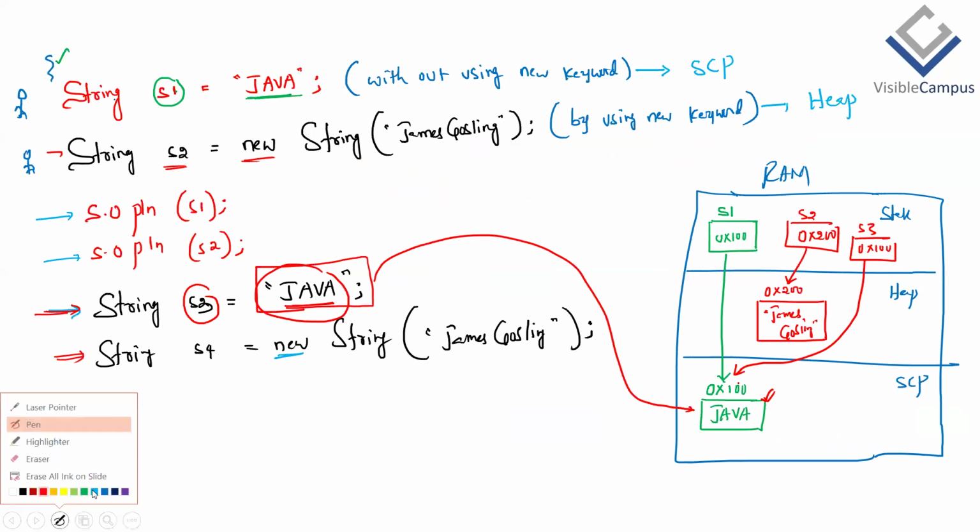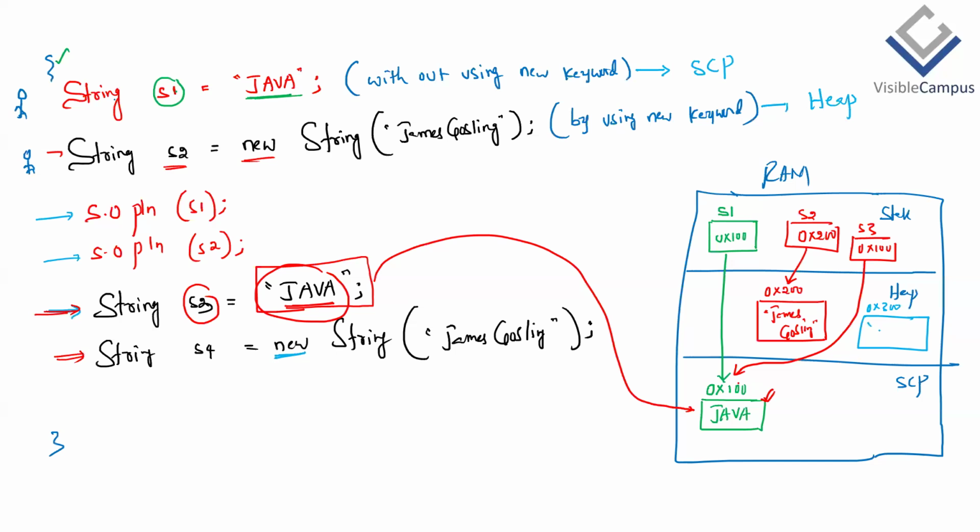Whenever we use the new keyword, as I told in the previous class also, by default a new keyword will create a new object. Whether data is same or not, that's a secondary story. New keyword will create a new object, that's all. Because it's a new object, it's a new address. Even though it's the same data as before, like James Gosling, still it will be created.